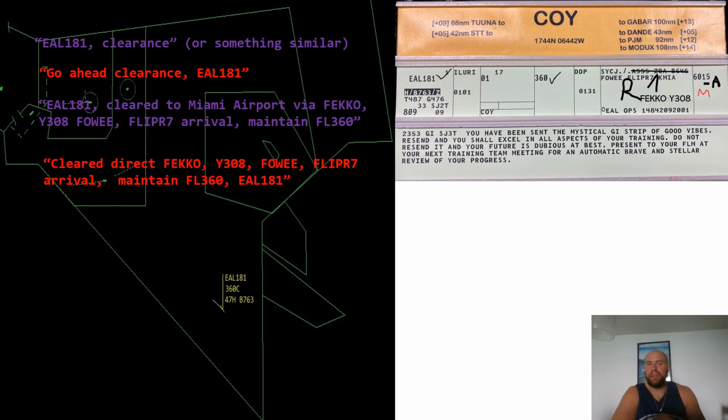And even if it was a different flight plan, you have 1,000 miles to make this flight plan right. If they were going somewhere far and the route was really bad and you're trying to fix it, do not get distracted. This is not the highest priority item. By no means is Eastern 181 in harm's way flying Amber 555 for 15, 20, heck, even 30 minutes until you get around to this reroute.